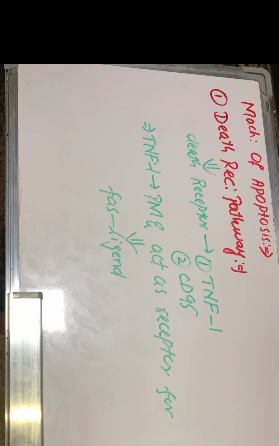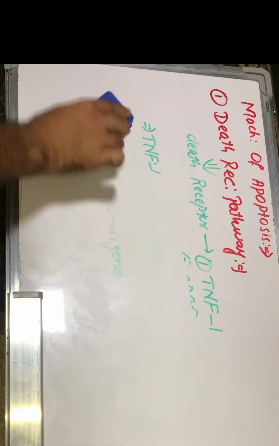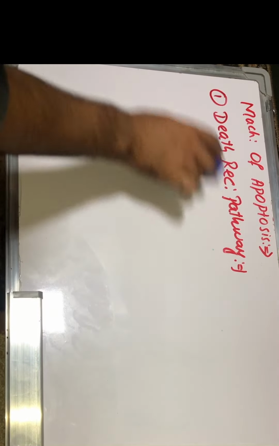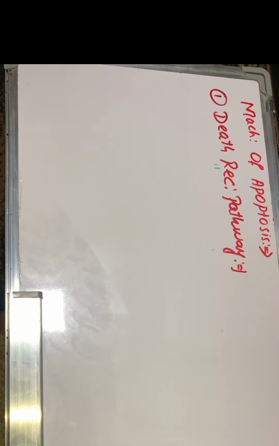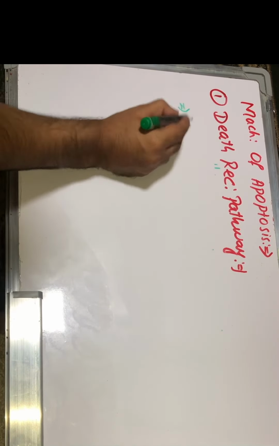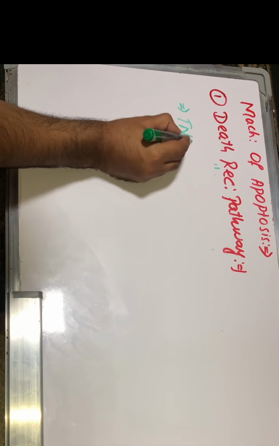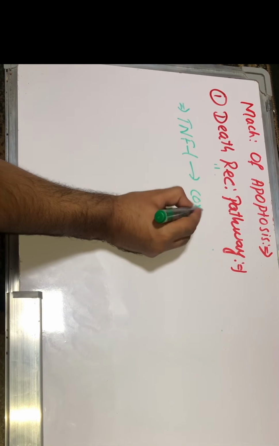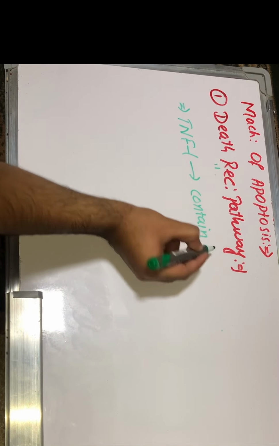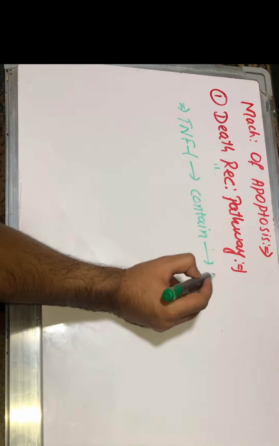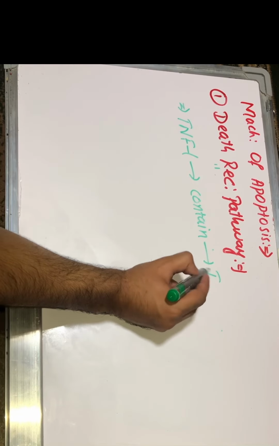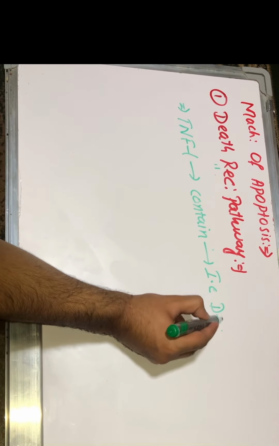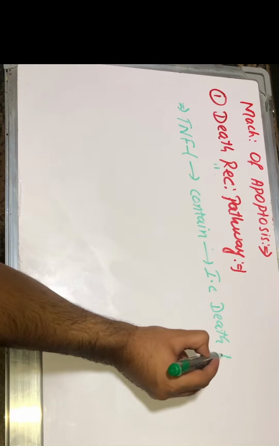Tumor necrosis factor 1 is present on the plasma membrane and acts as a receptor for Fas ligand. Tumor necrosis factor 1 contains an intracellular death domain.